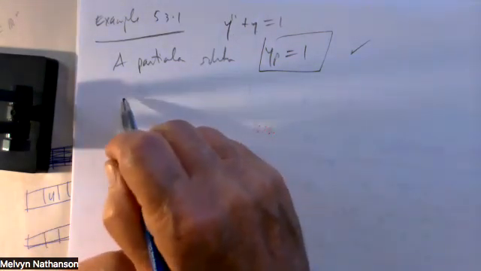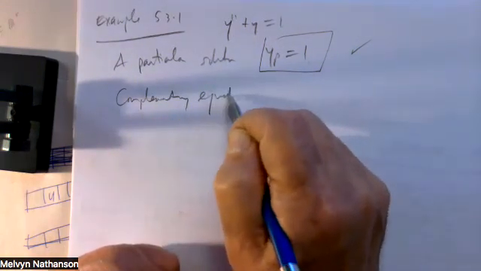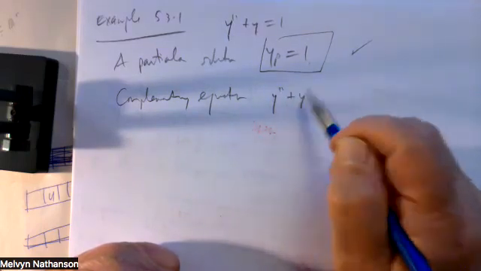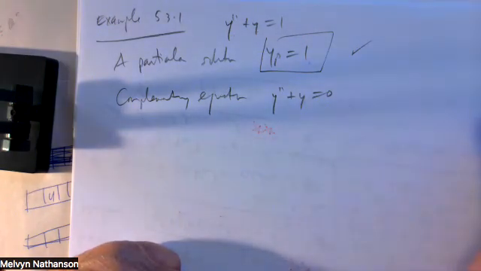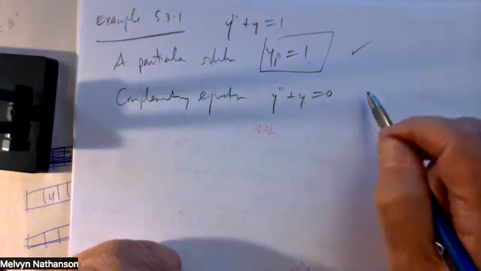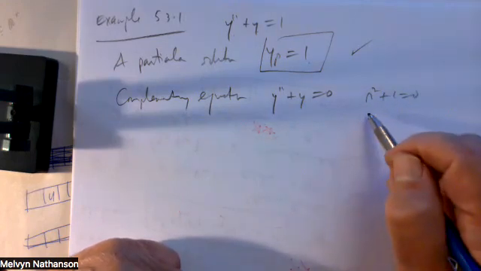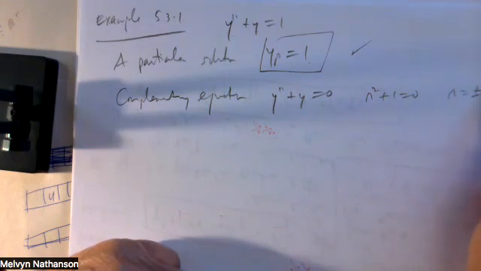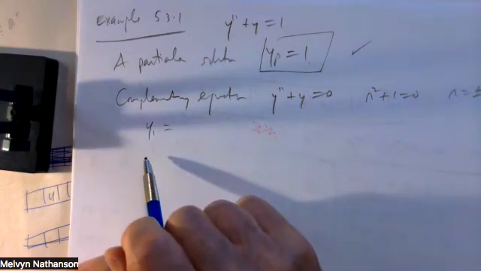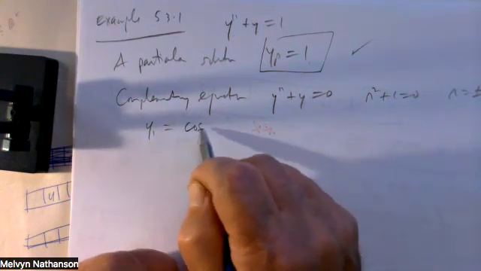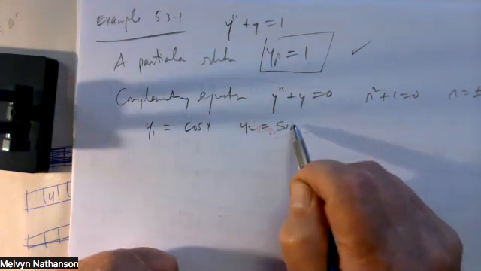What about the complementary equation? y double prime plus y equals 0. So we can write down the solutions of that, or you could look at the associated quadratic equation, r squared plus 1 equals 0. The solutions are r equals plus or minus i, which means your fundamental solutions are y1 equals e to the 0, which is 1, times cosine x, and y2 equals e to the 0 times sine x.